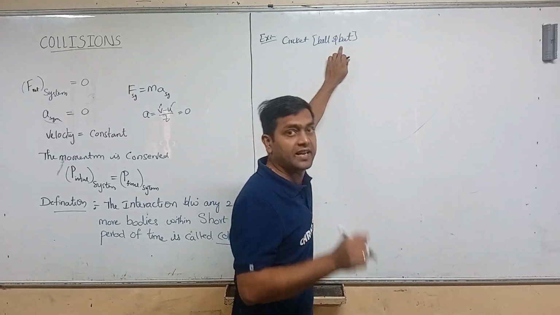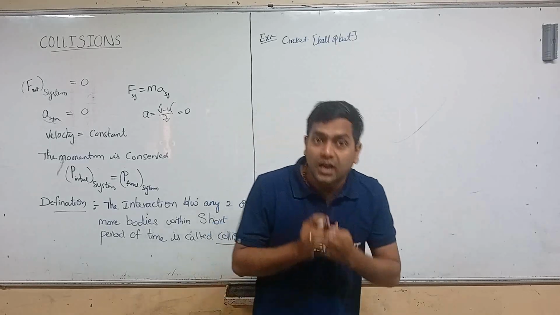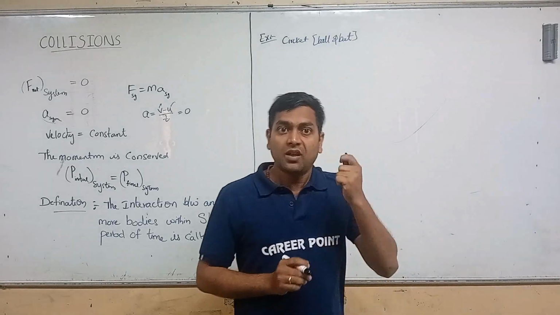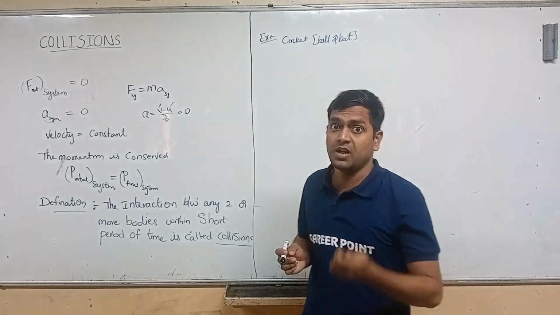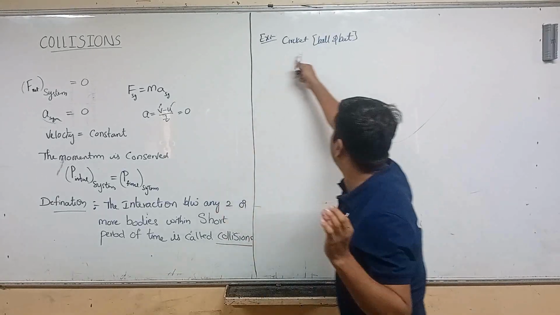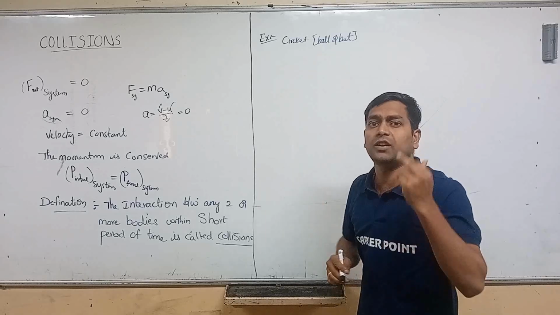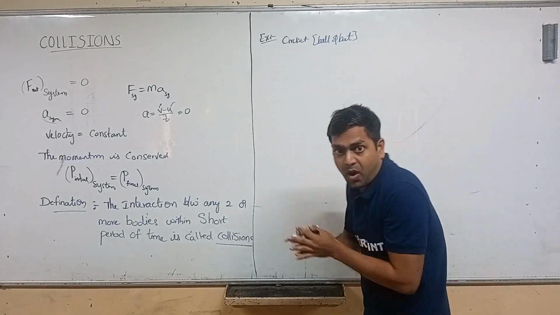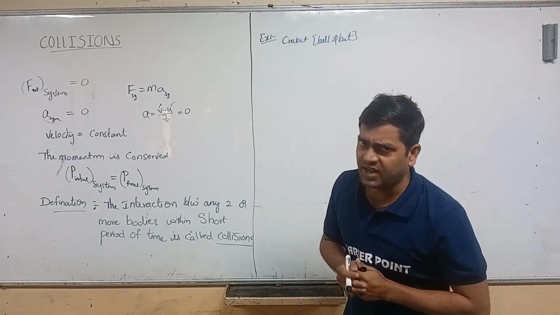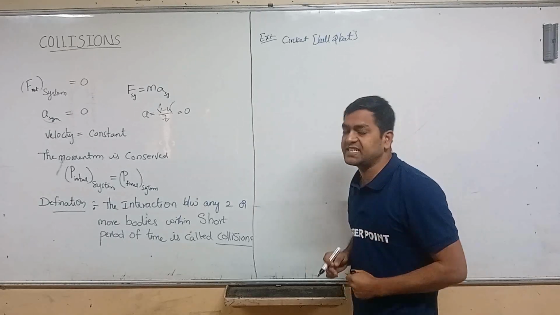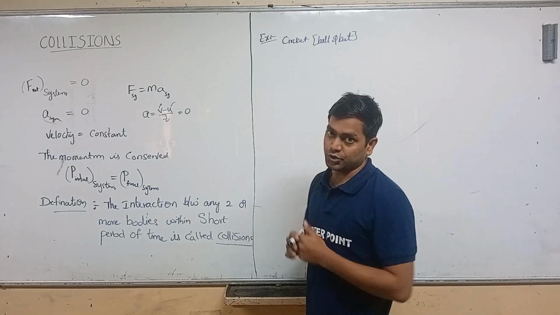Here we have an interaction between two objects, the ball and the bat. The bat is hitting the ball within a short period of time, so we can say that is a collision.